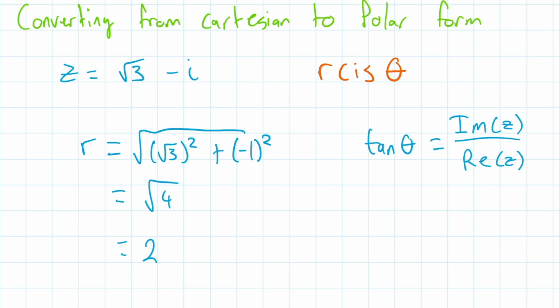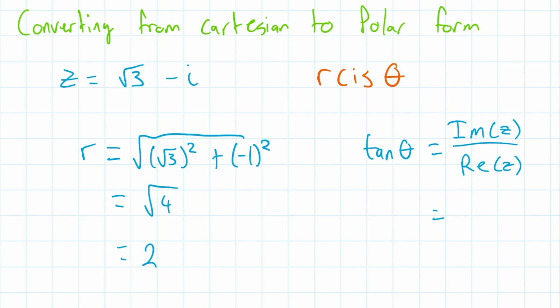It's going to be tan theta is equal to my y-axis divided by my x-axis, or tan theta is equal to sine divided by cos. In this case, my y-axis is my imaginary axis, and my x-axis is my real axis. So for complex numbers, tan theta is equal to my imaginary component divided by my real component. So in this question, my imaginary component is minus 1, and my real component is the square root of 3.